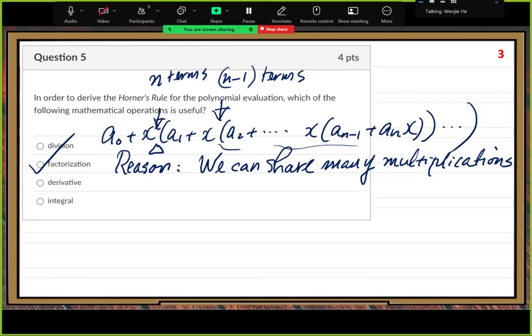One multiplication can be reused. You can look at it in this way. That particular multiplication can be reused for many terms. If you do not reuse, you need to do it many times.